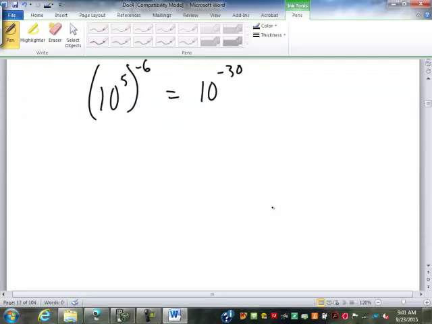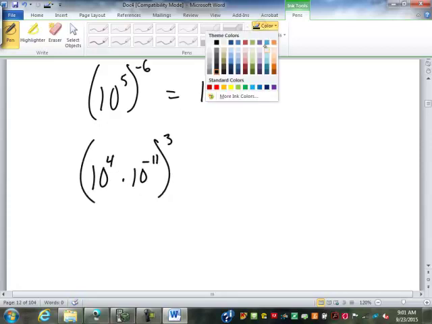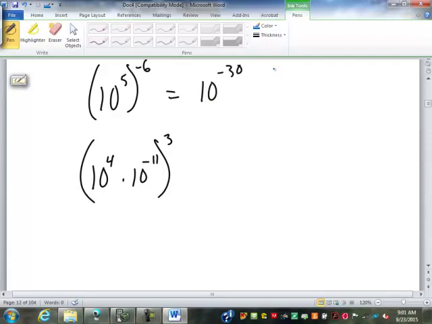Well, let's make this interesting. So obviously we have to do what's inside the parentheses first. What is 10 to the 4th times 10 to the negative 11th? Are we adding or subtracting those powers?